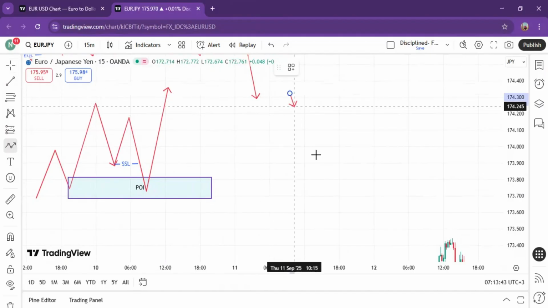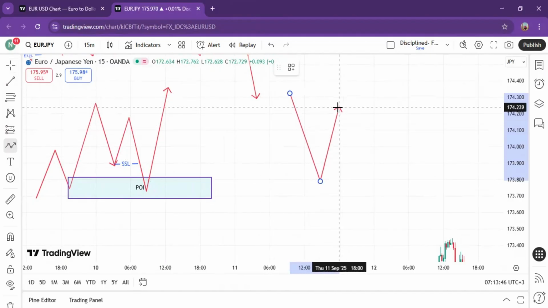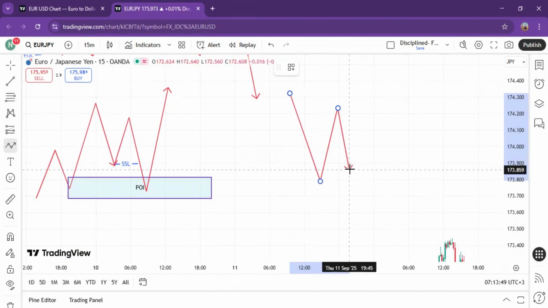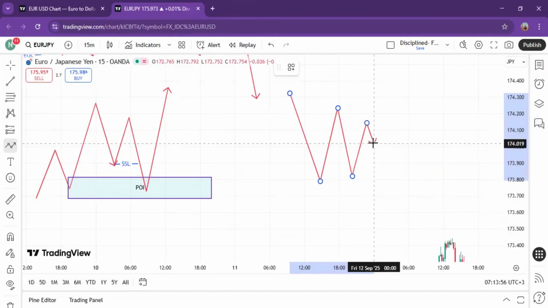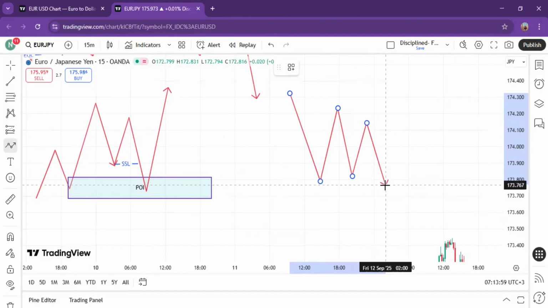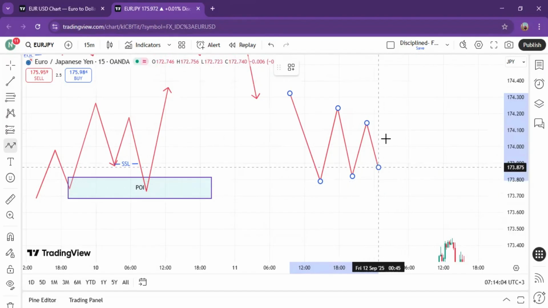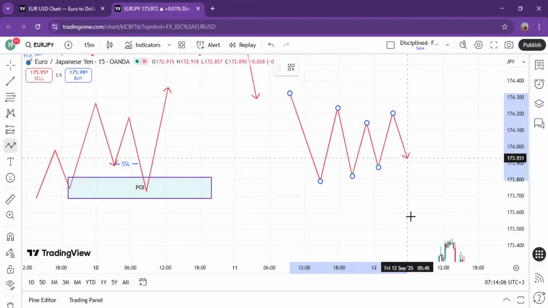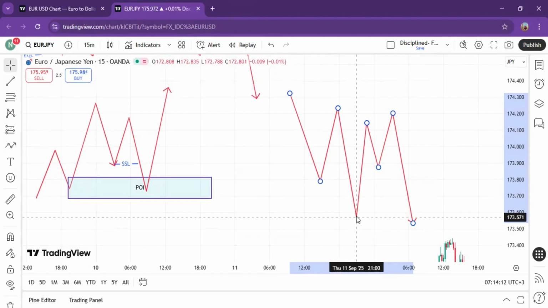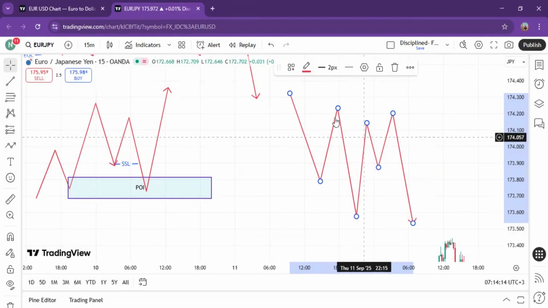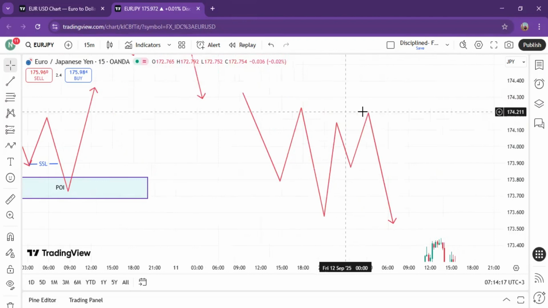For the buy side, you find that, okay, let me put it like that.